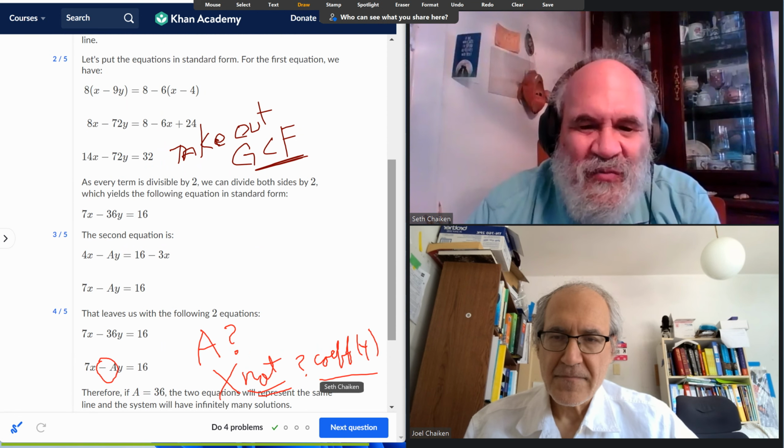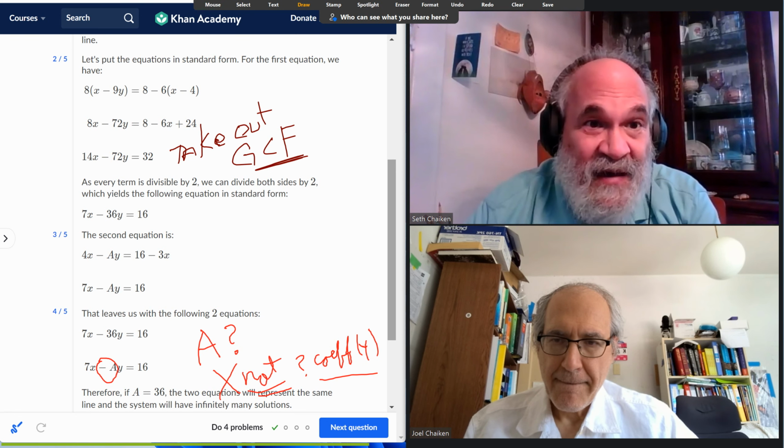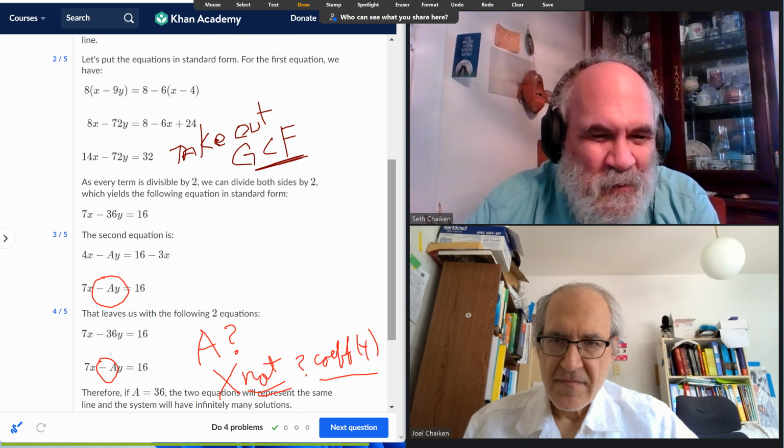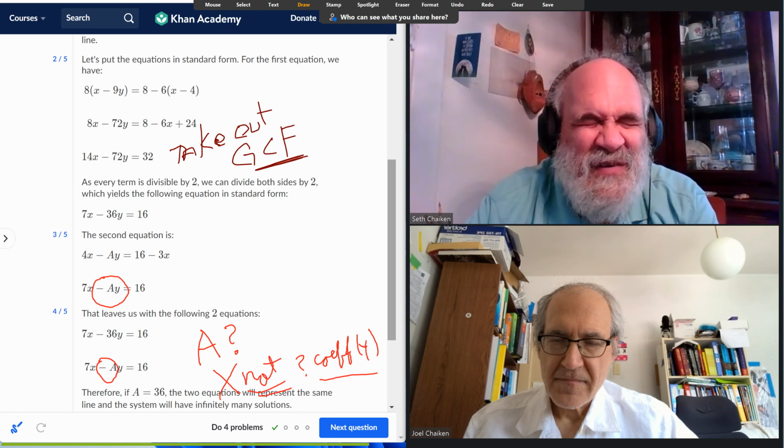Of course, the coefficient of y depends on the constant that the equation would be multiplied by. But notice that they asked for A, and they gave you the equation in which the A appears as a coefficient of y on the left-hand side with a minus. So you have to make sure that you actually answer the question.